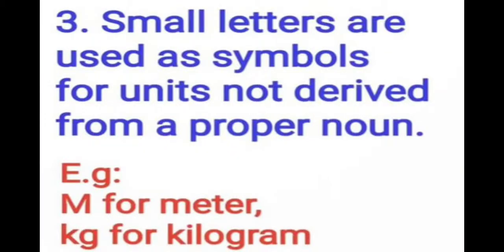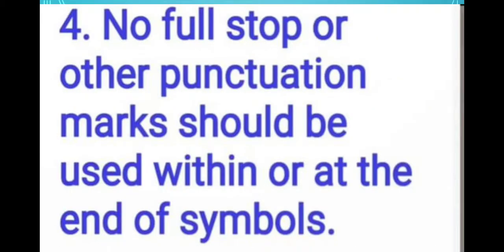Small letters are used as symbols for units not derived from a proper noun. For example, small m for meter, kg for kilogram. No full stops or other punctuation marks should be used within or at the end of symbols. Example, 50 m and not as 50 m full stop.